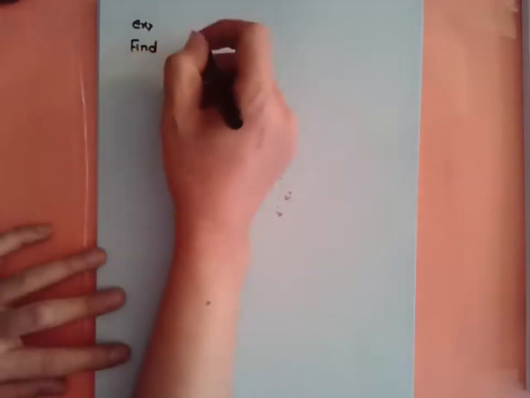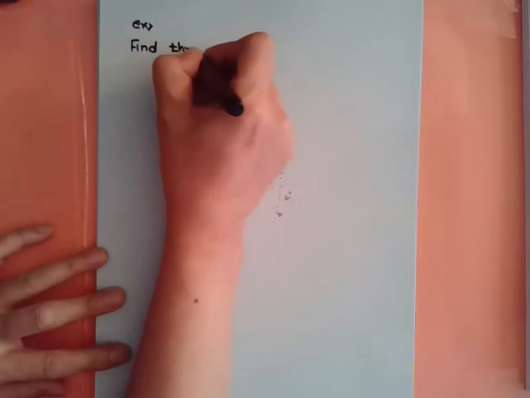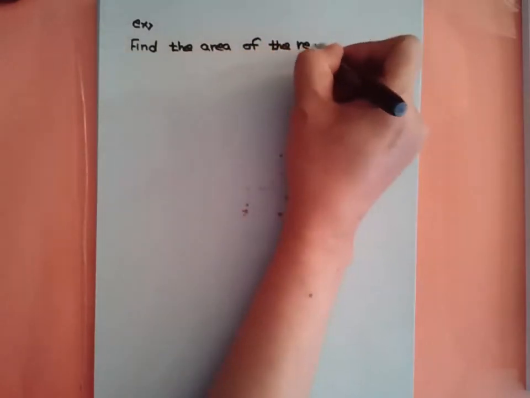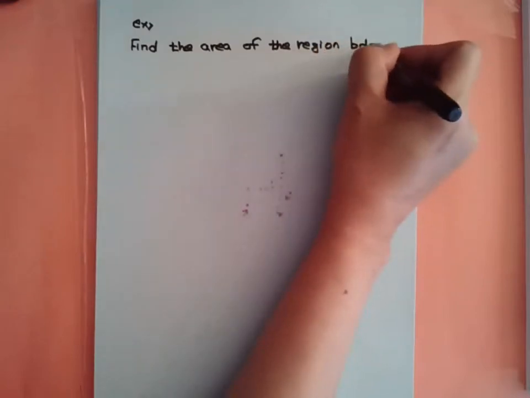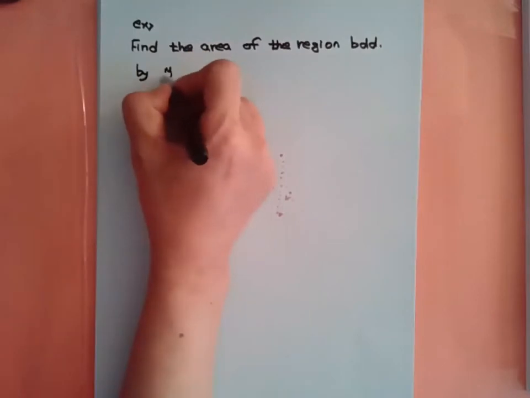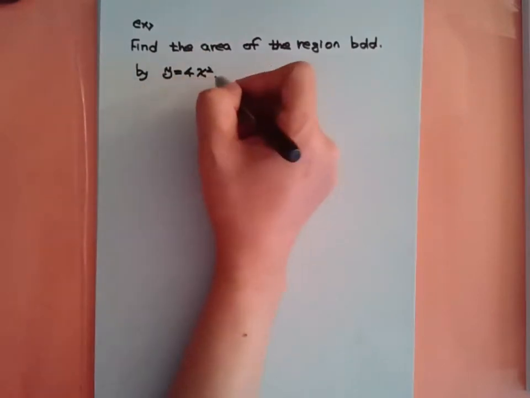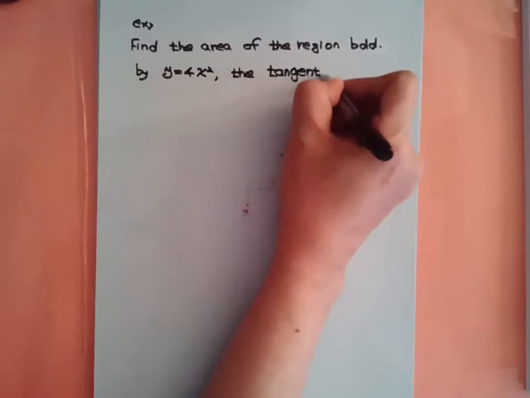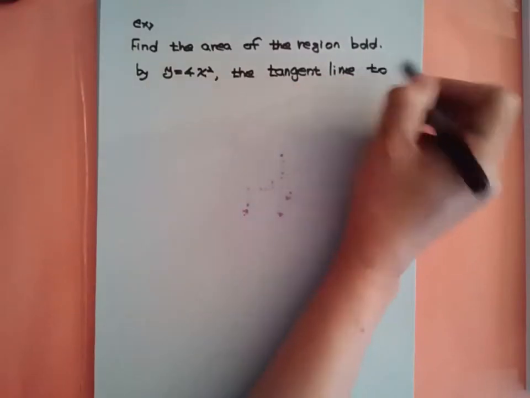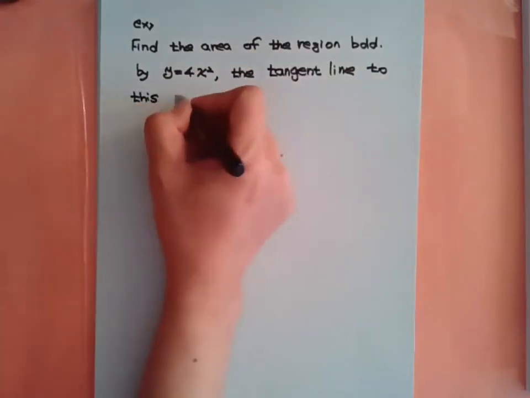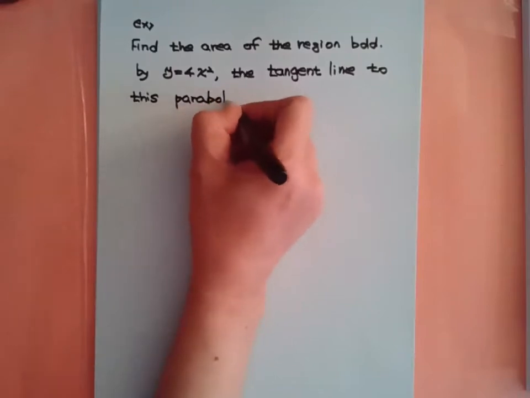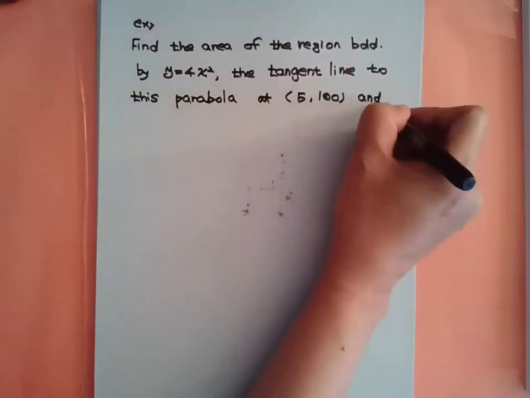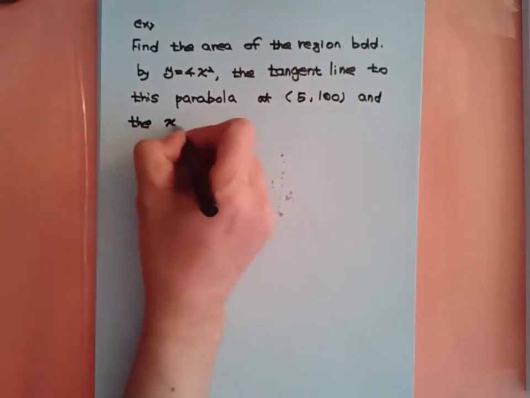The next problem is find the area of the region bounded by y equals 4x squared, the tangent line to this parabola at the point 5 and 100, and the x-axis.